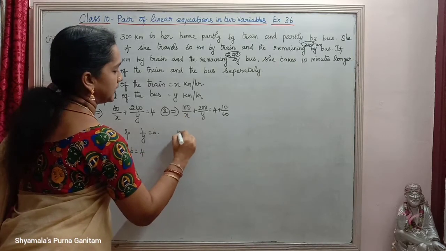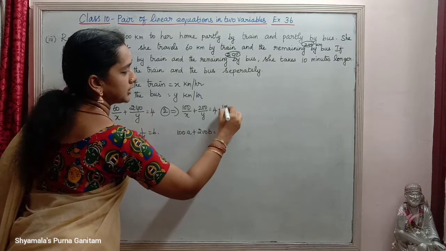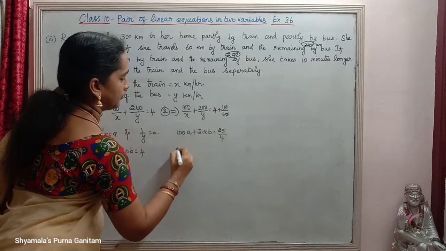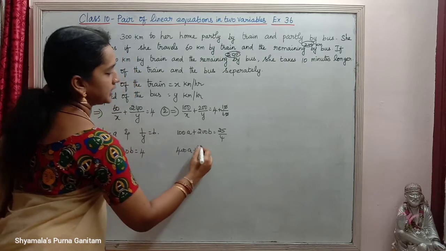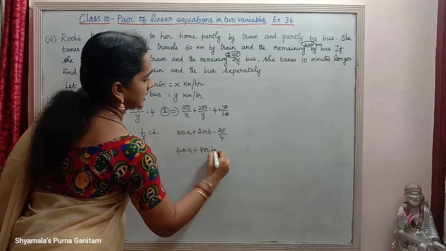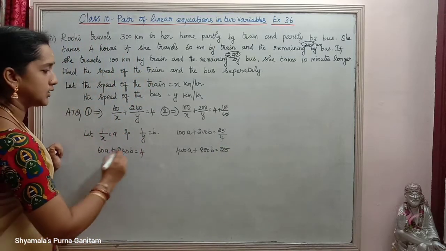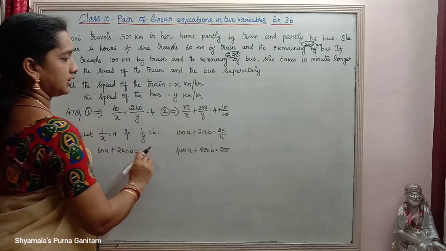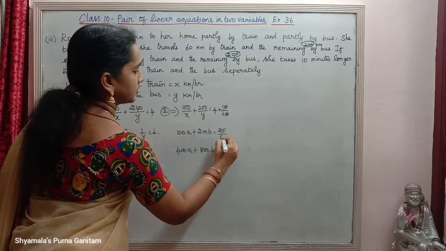Then the second will be 100A plus 200B is equal to, this one we can cancel, we will get 25 by 6.